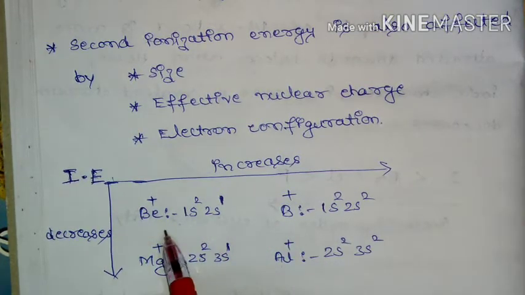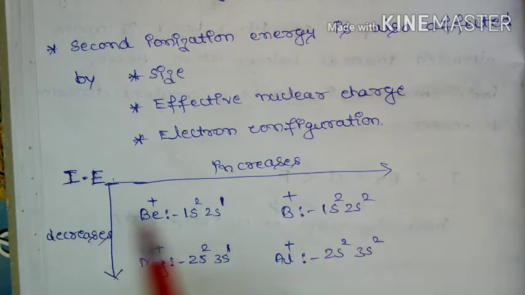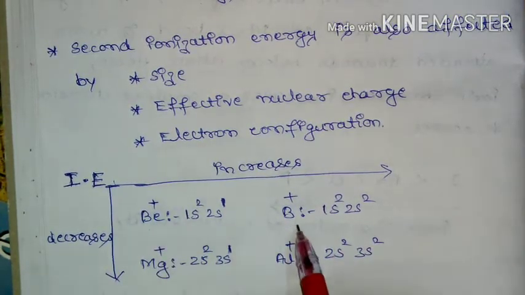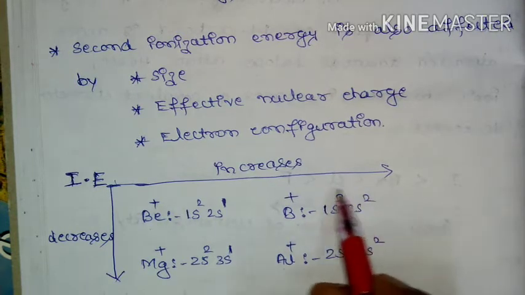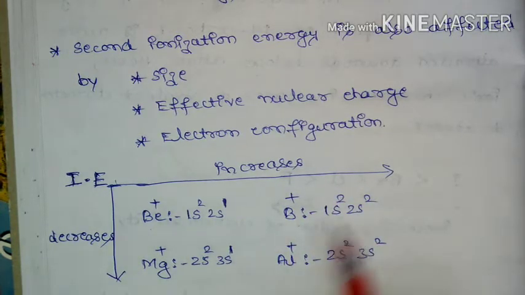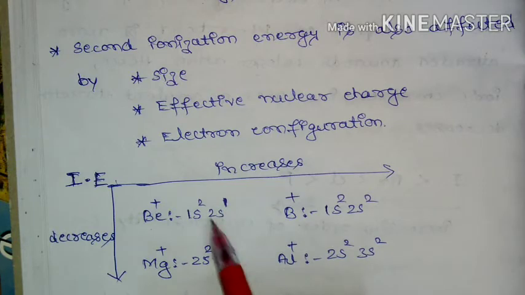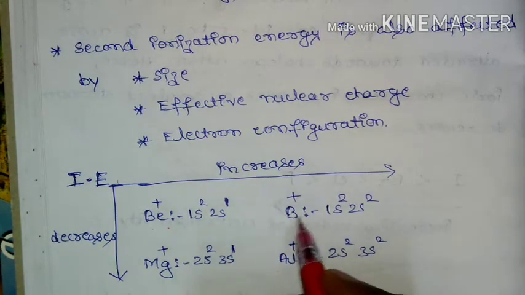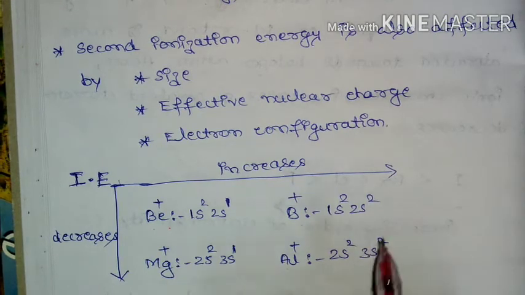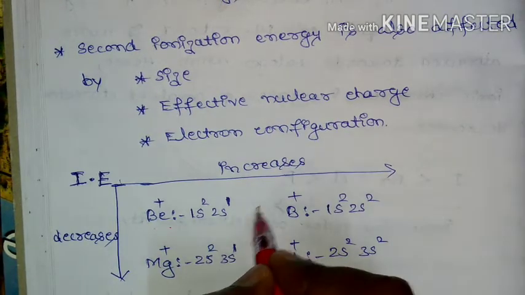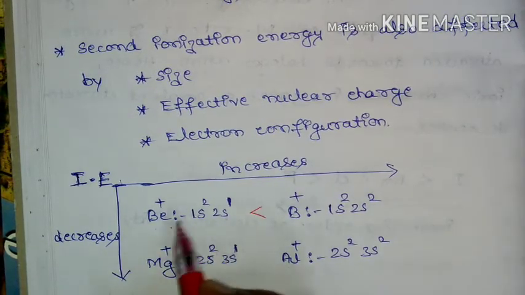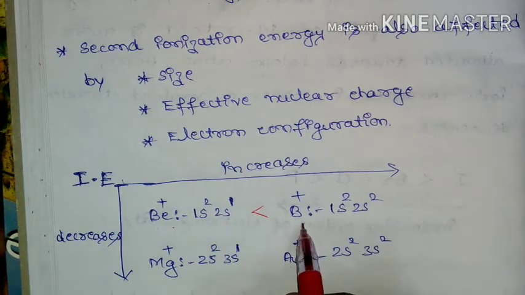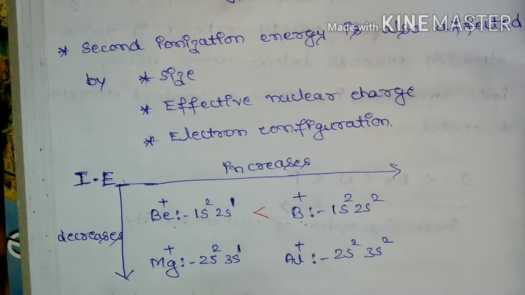But if you see the ionization energy along the period, compared to beryllium, boron, because Be+ is going to have a completely filled s shell, whereas here there is an incomplete one. So compared to this, beryllium, boron is going to have the highest ionization energy. Means Be+ is going to have less second ionization energy compared to B+.